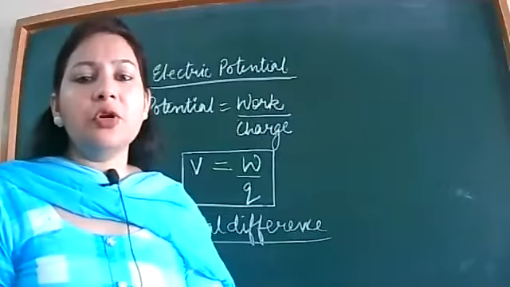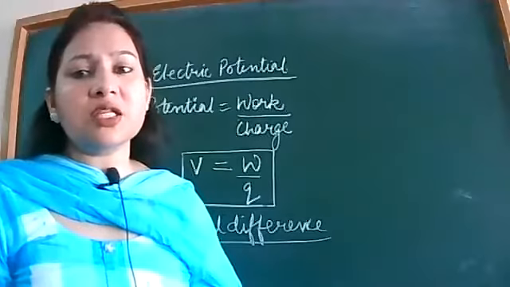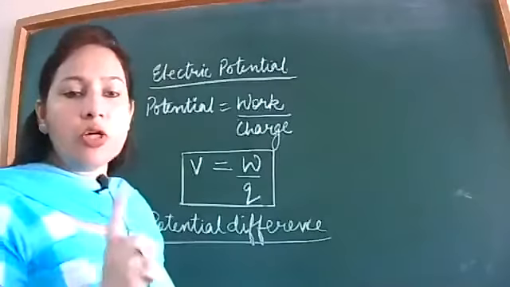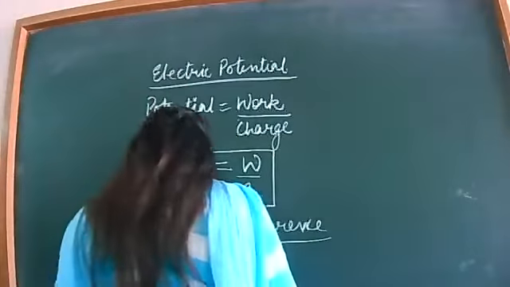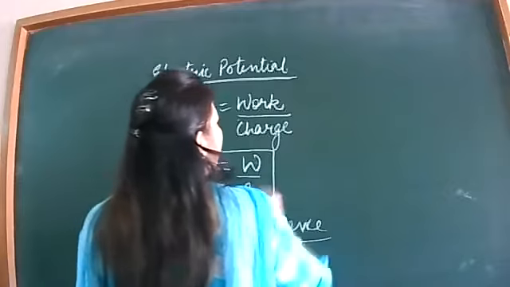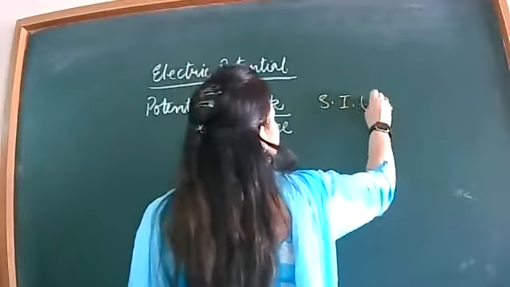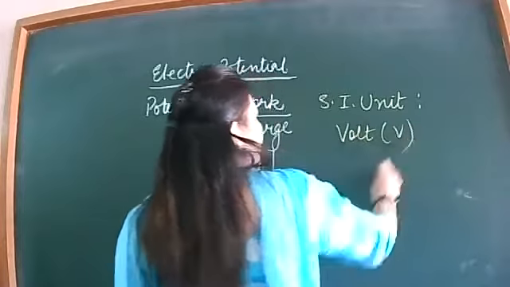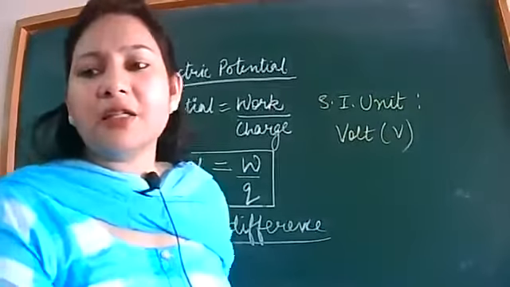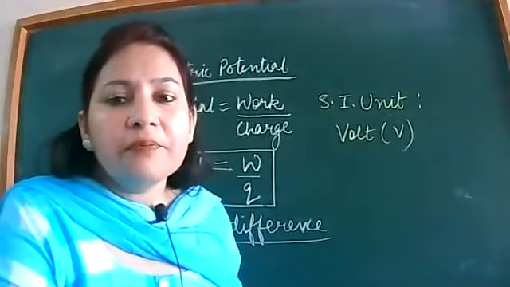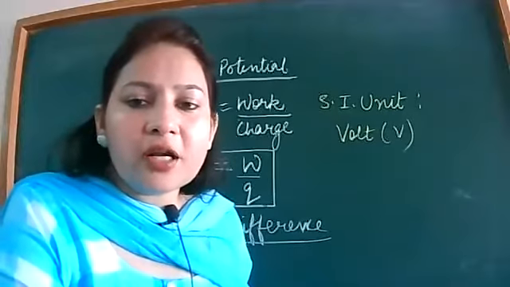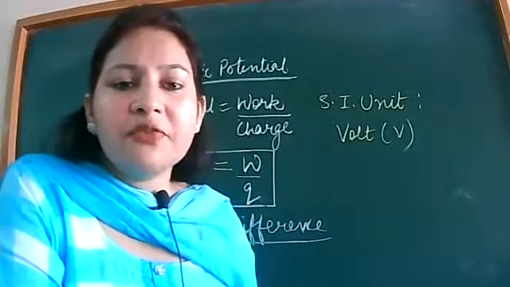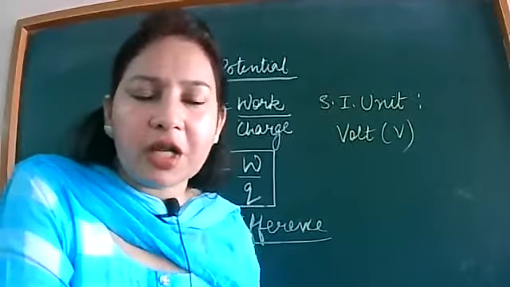And now let's come to the unit of both the quantities. Unit is also the same. So the SI unit of potential and potential difference is volt, denoted again by symbol V. So please note it down that potential difference and its unit volt, all these things are denoted by symbol V. Because V stands for volt, V stands for voltage also.